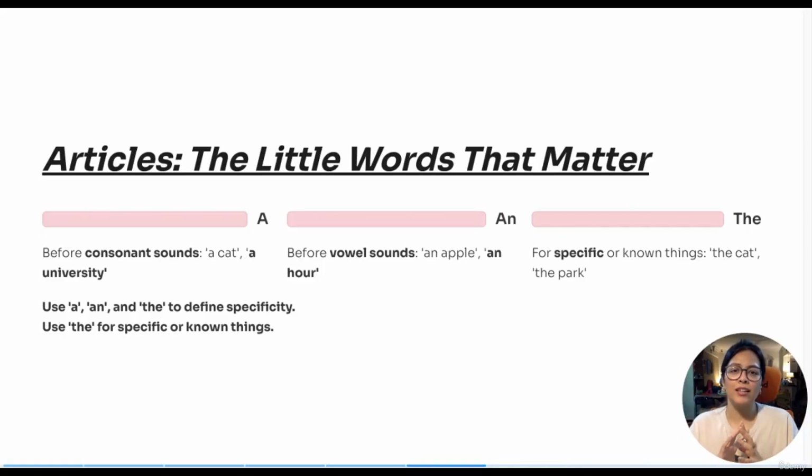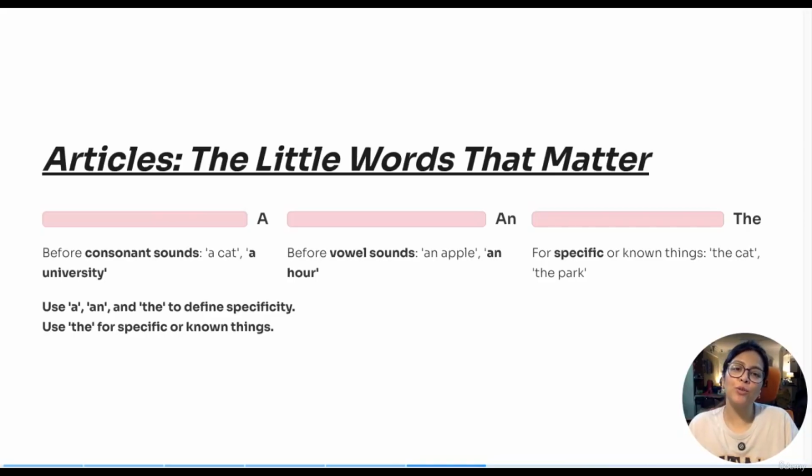We do not have any prior knowledge about it. We are not talking about anything specific. But when we say there is the bag on the table, that means probably we have spoken about this bag before. Probably it's a specific bag. So whenever we are adding the before a word, be it a word with a vowel or with a consonant, we will add the before it.